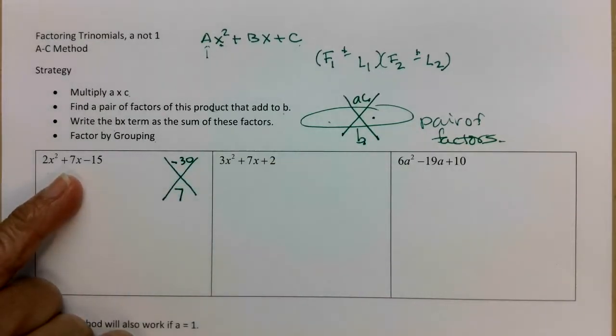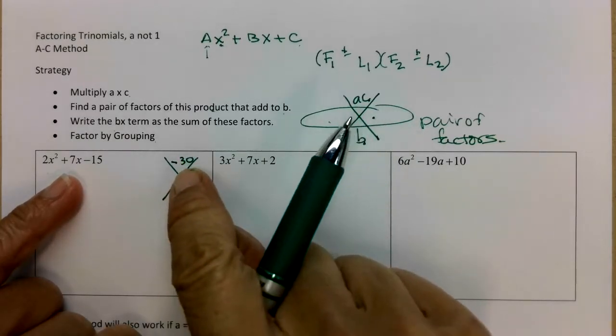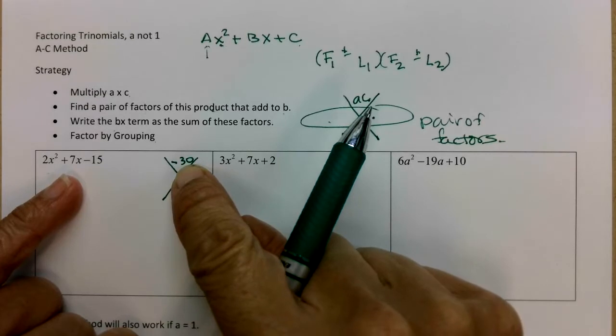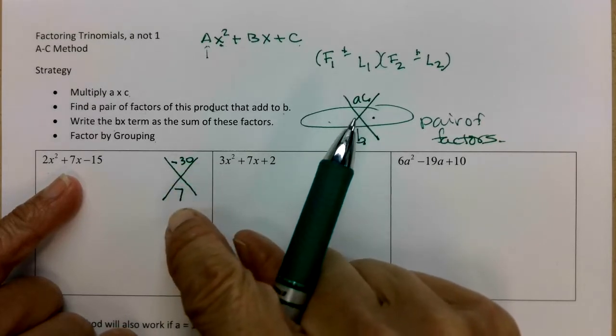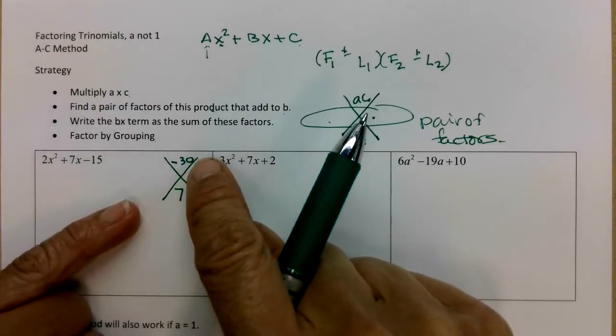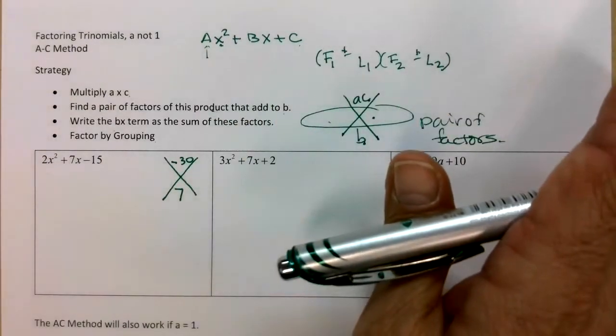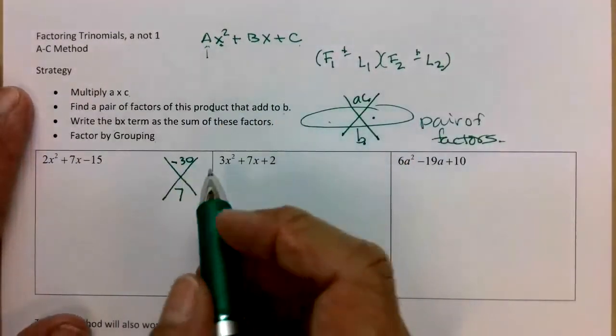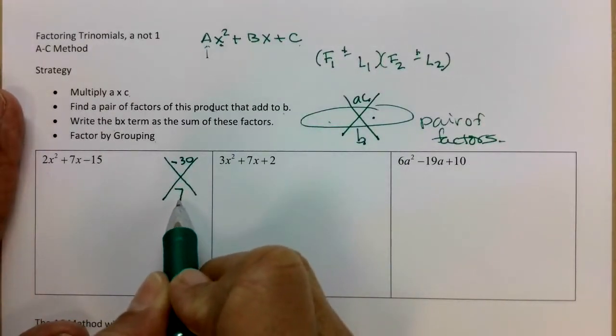I'm looking for two numbers that multiply together to give me negative 30, but add to give me positive 7. Two numbers that multiply to give a negative means one's positive and one's negative.